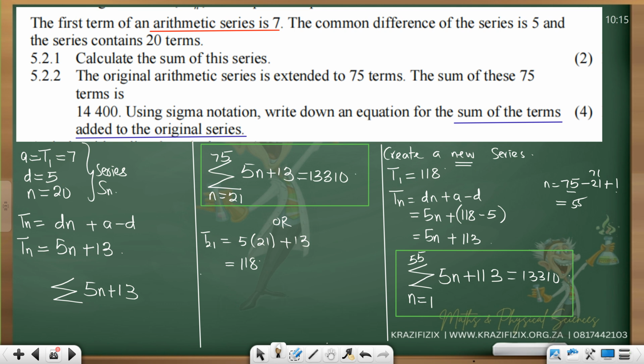Oh, no. Okay, I see. You're right. I made a mistake. A minus D. What's my A? 7. My eyes went to 20. 7 minus 5. Yes, you are correct. Plus 2. Okay. I made a mistake. I used 20 instead of that. Beautiful. Well done. Good job. 5n plus 2 is correct. Awesome. Let me correct this one.